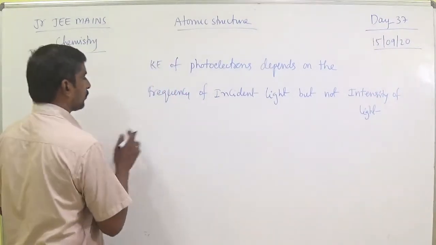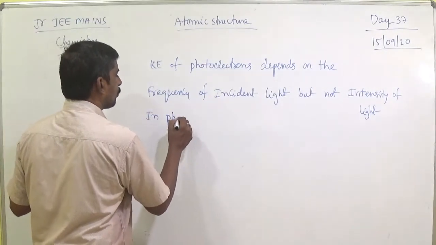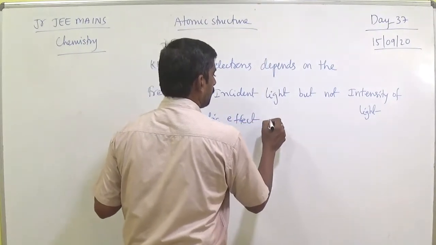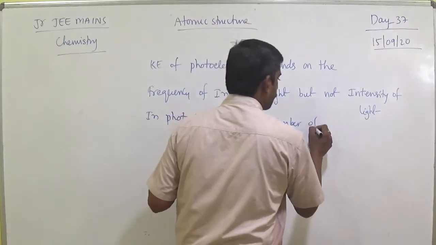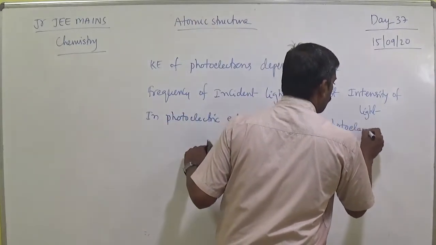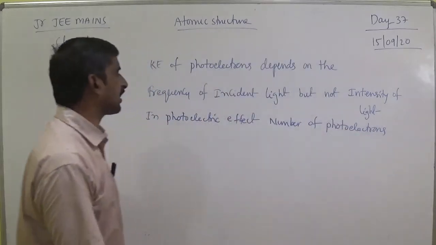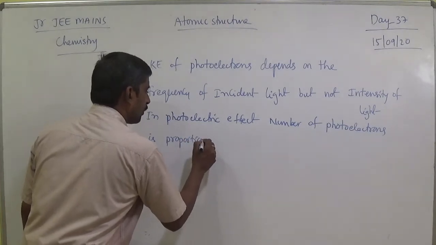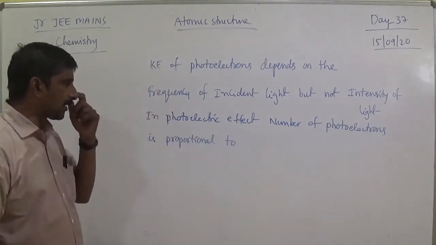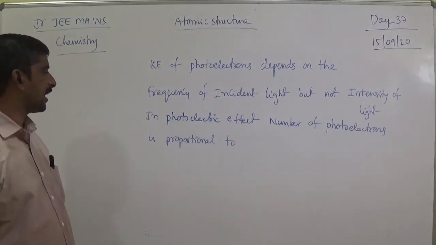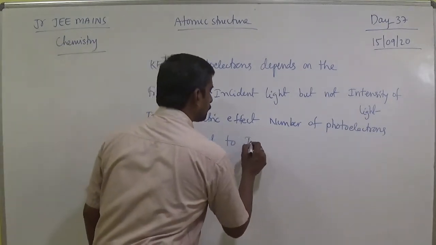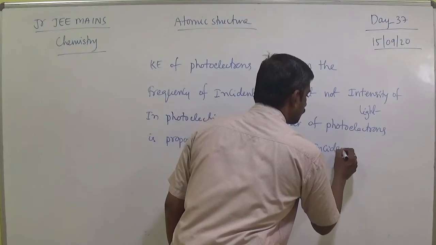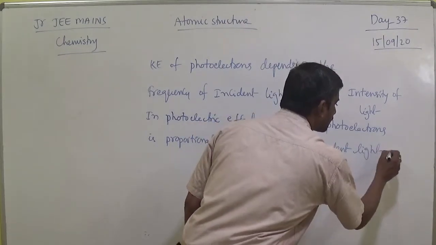In the photoelectric effect, the number of photoelectrons is directly proportional to the intensity of incident light.